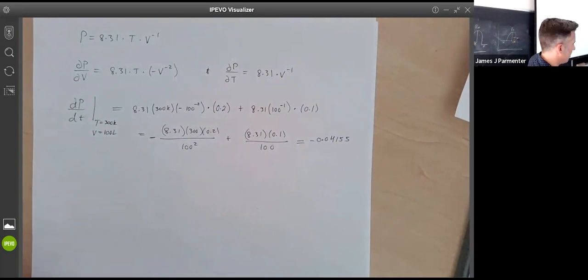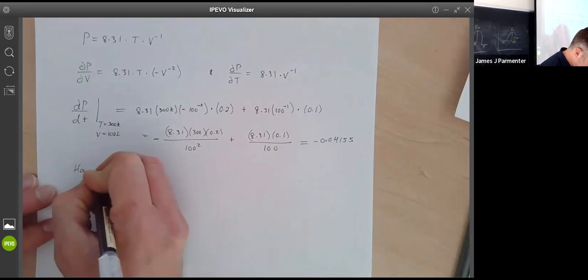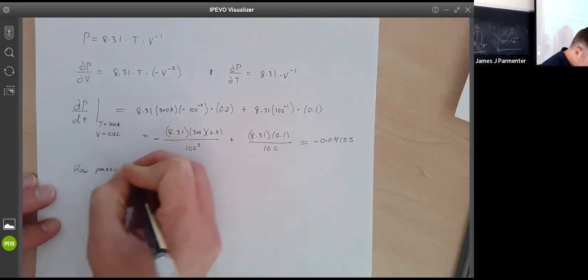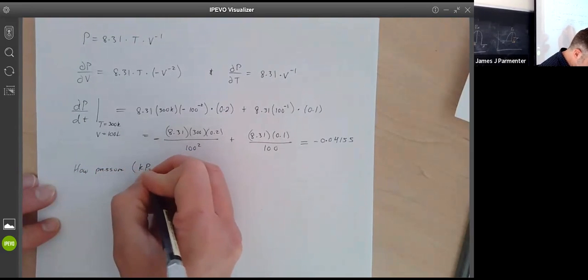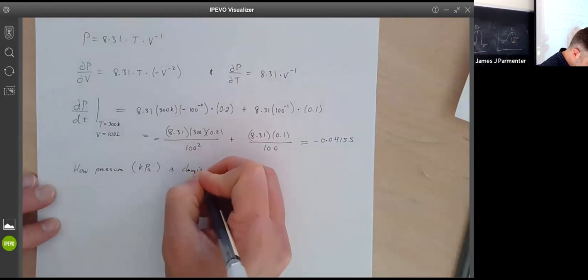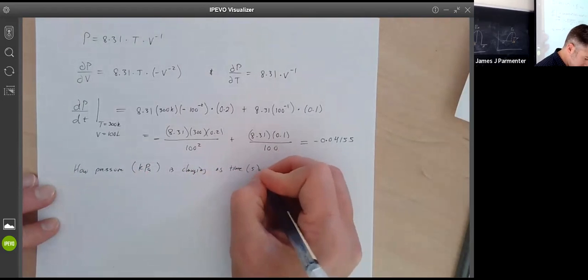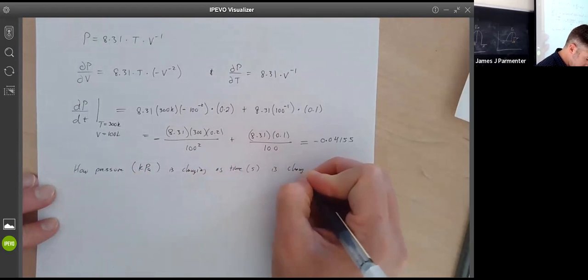Now the question here, and it's an important question, is what are the units? Well, we're talking about how pressure measured in kilopascals is changing as time, which is measured in seconds, is changing.